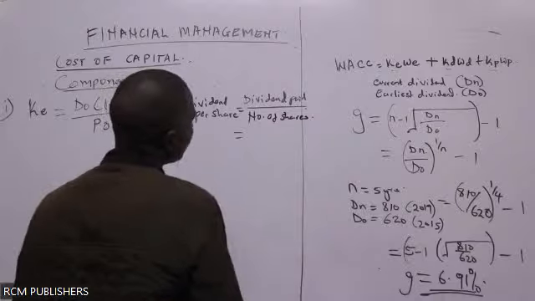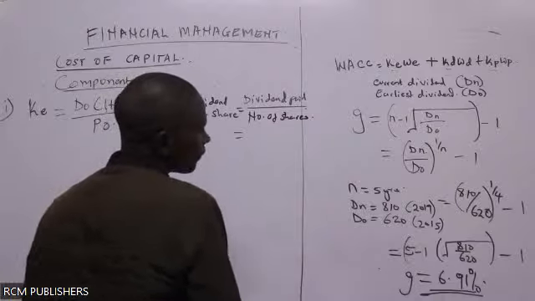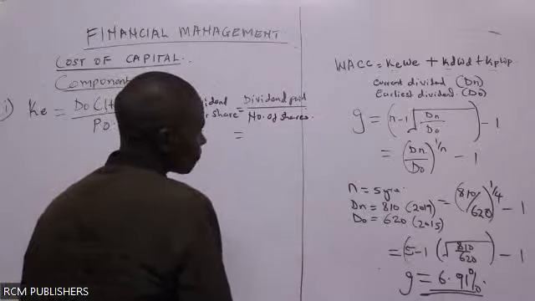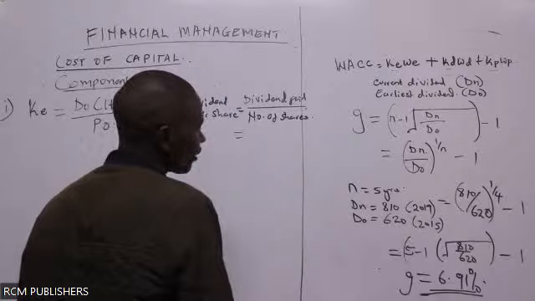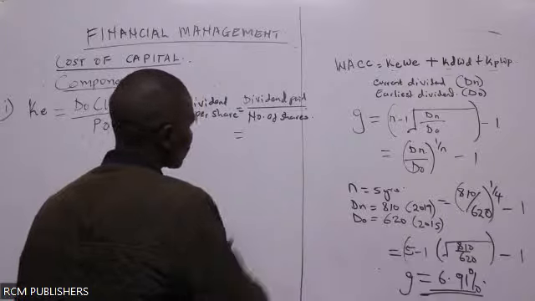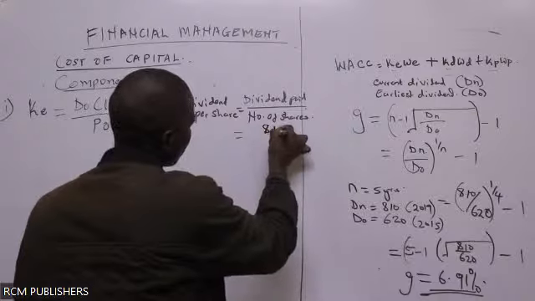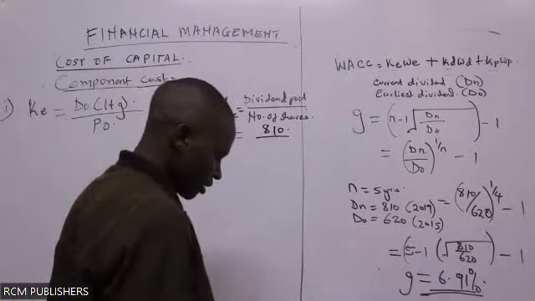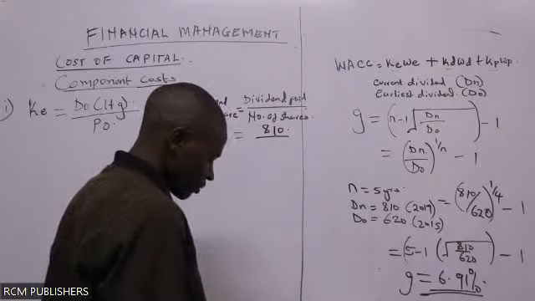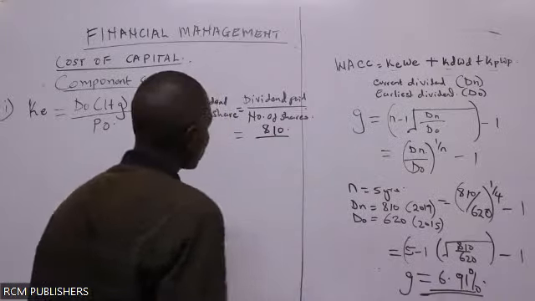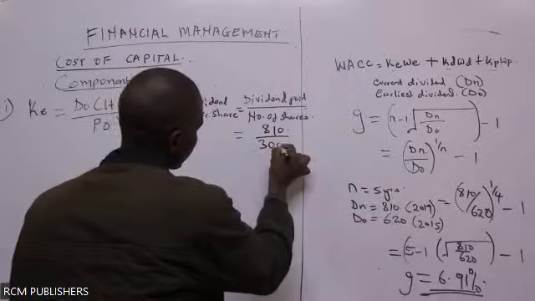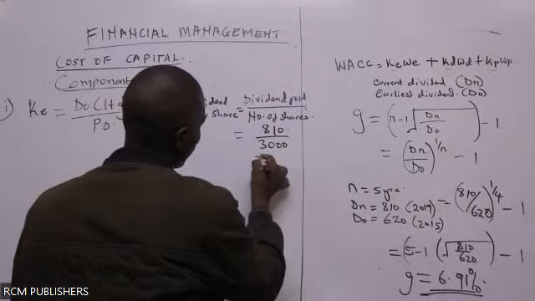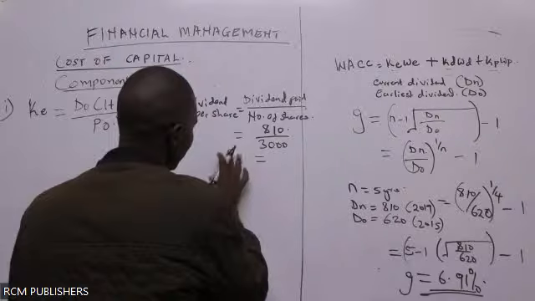Therefore, this will be 810 divided by 300. Is that right? 810 divided by, is it 300 or 3,000? 3,000. Of course, 30 eliminated. So give me my DO.